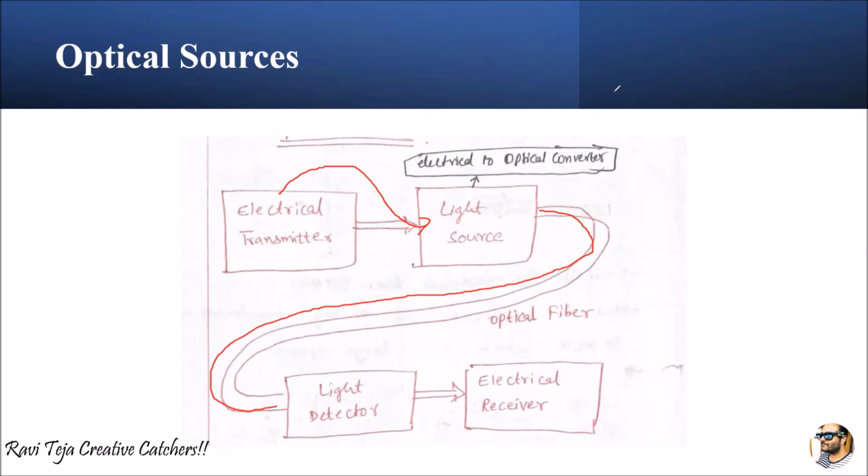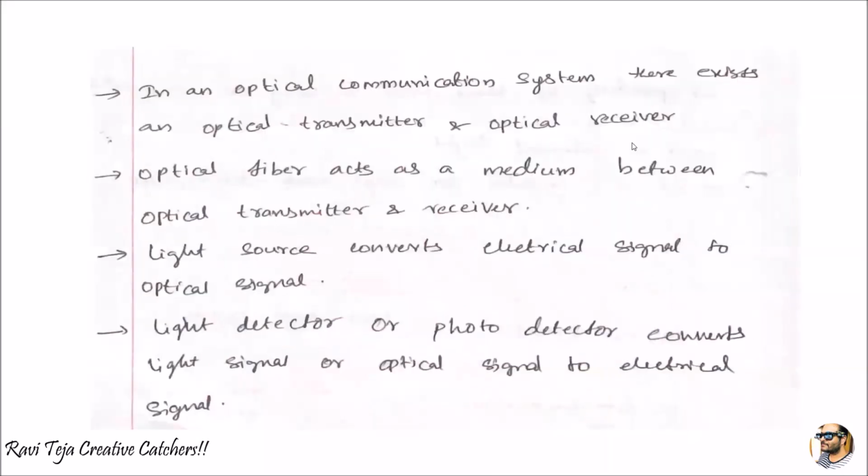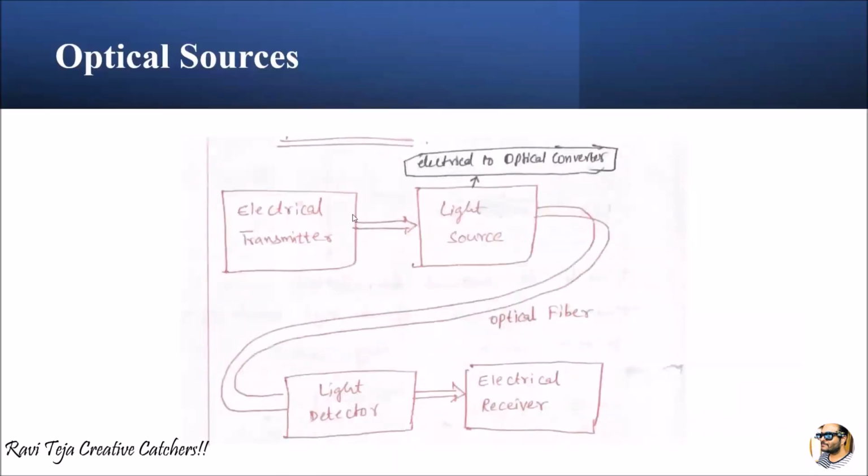Now, let's see what this light detector is. The light source converts the electrical signal into an optical signal, as we have already seen. Now the point is the light detector or photo detector. These detectors are mainly used at the receiving end, where the optical signal is converted into an electrical signal again. So to transmit a signal through an optical fiber cable, we use a light source to convert the electrical pulse into light energy.